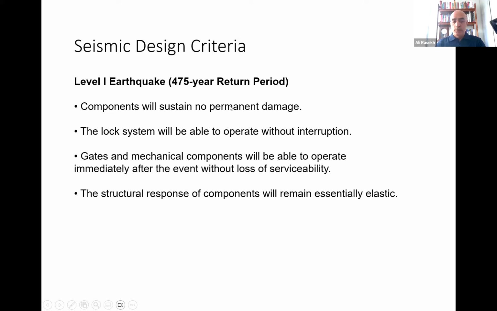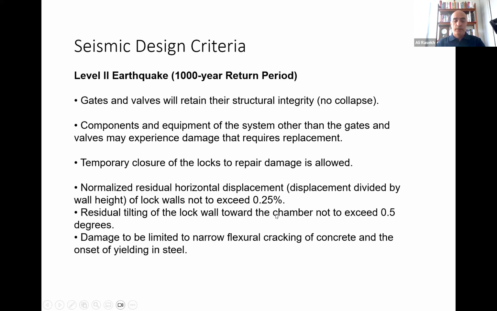For the more frequent earthquake, no permanent damage, and just continue with operation as if nothing happened. And the mechanical components also continue functioning as if nothing has happened. Basically, in summary, just continue functioning.